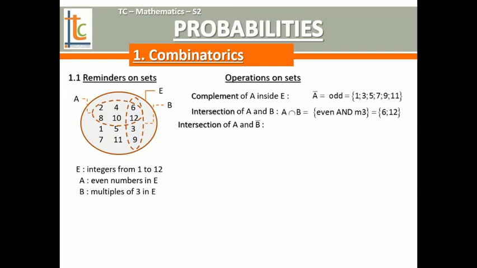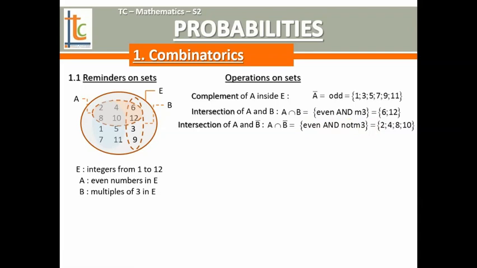It's the contrary of the set. So the intersection of A and B bar, A ∩ B bar, means I want to belong to A and not to B. Those are the elements on the left, 2, 4, 8, 10. And with their description, those are the elements that are even and not multiples of 3.